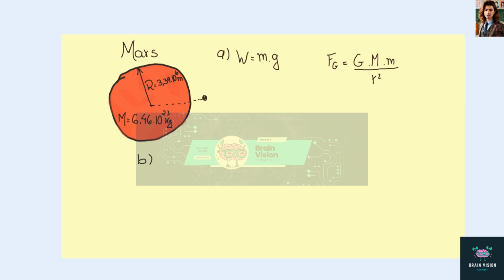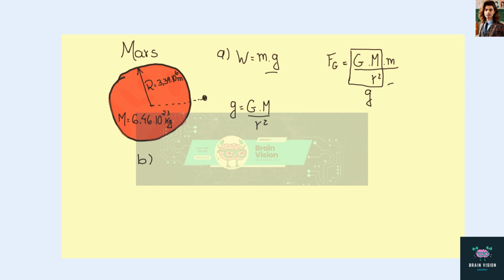Now, by comparing this equation with this equation, we see that we can identify this quantity as being the acceleration of gravity at the surface of some massive body. In our case, we want to calculate the surface gravity of planet Mars. So, using this equation that we had just derived, we have g equals big G times m divided by r squared.